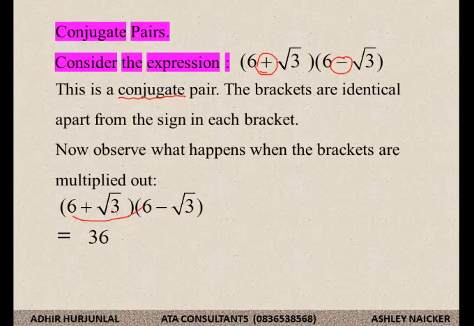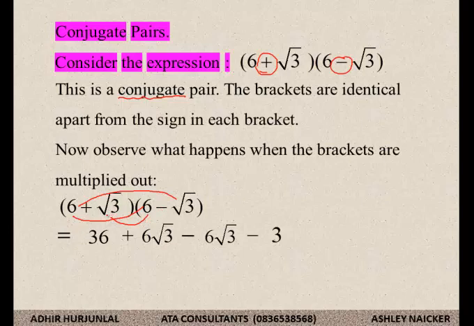Some of you might go root 3 times 6. Doesn't make a difference. That becomes 6 root 3. Your next step, you can go ahead and say that multiplied by that is minus 6 root 3. And your last one is root 3 times root 3, which is equal to 3. Please take note of the sign.